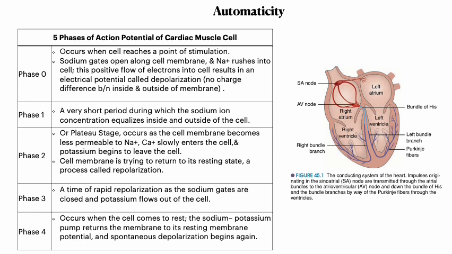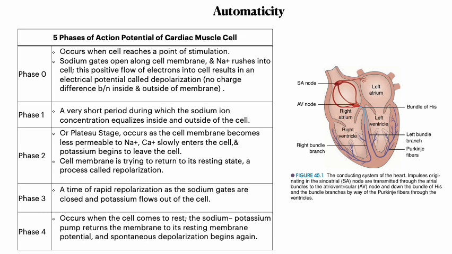Phase 1 is a very short period during which the sodium ion concentration equalizes inside and outside of the cell. Phase 2 or plateau stage occurs as the cell membrane becomes less permeable to sodium and calcium slowly enters the cell and potassium begins to leave the cell.